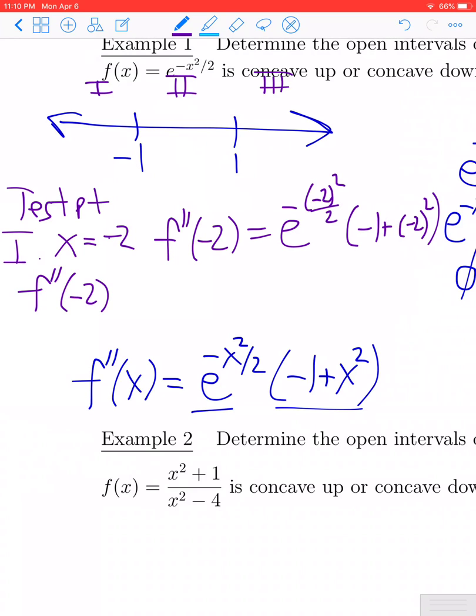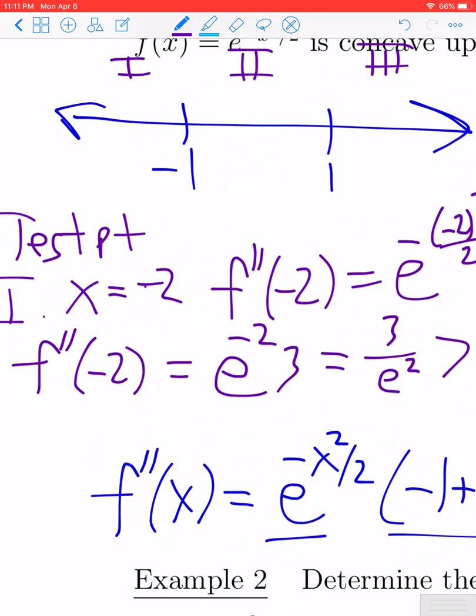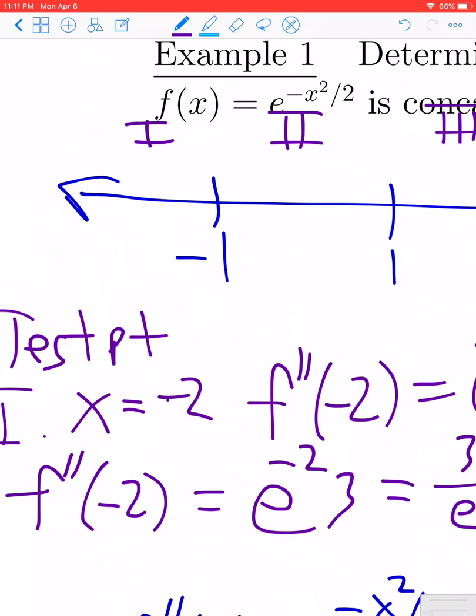F double prime of negative 2 is going to be equal to e to the negative 2, if we work the exponent out, times positive 3, which is simply 3 over e squared, which is greater than 0. So what we would know is that in the first region, f double prime is positive, which means there the graph would be concave up.